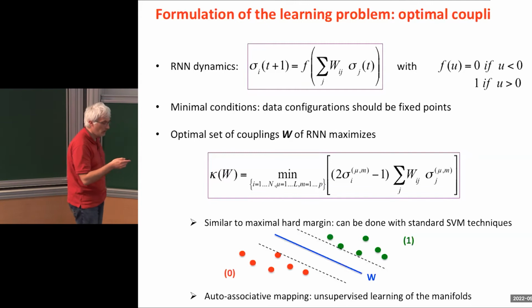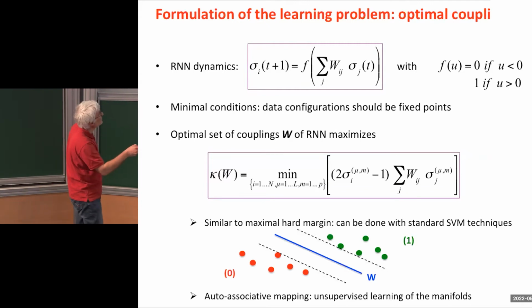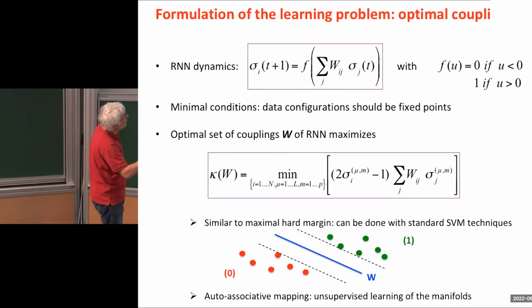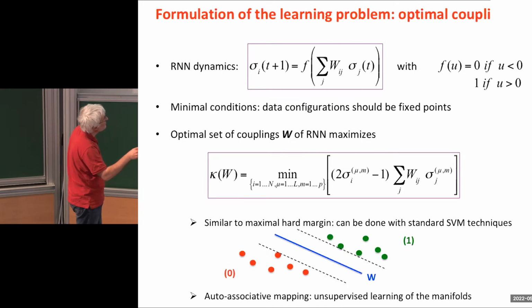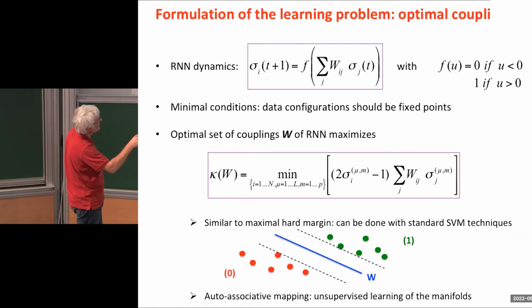So how do we write now the mathematical condition? For each environment mu, for each point m in the environment mu, sigma j is the activity configuration, the activity state of neuron j here, which I've drawn. If I want sigma i to be 1, I will consider this term here. If I want sigma i to be 0, I will consider minus this term.